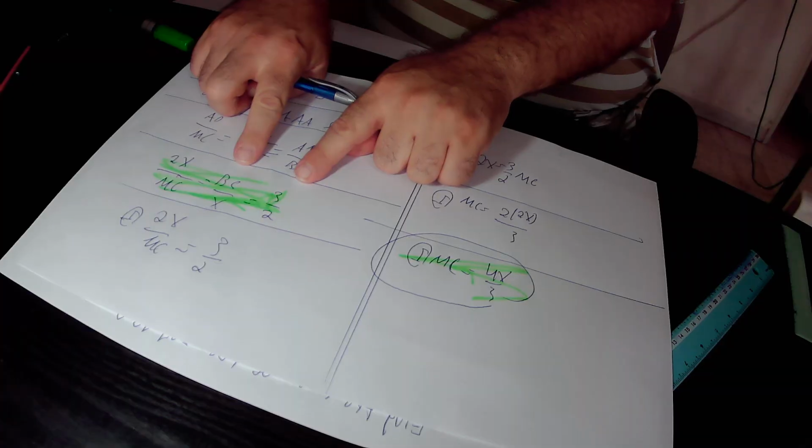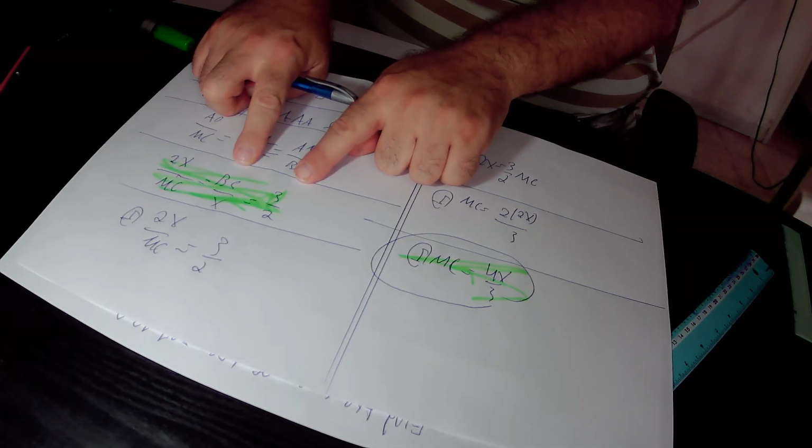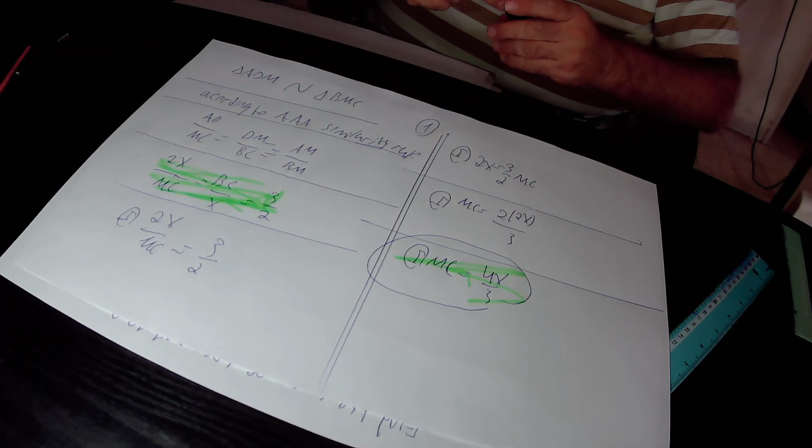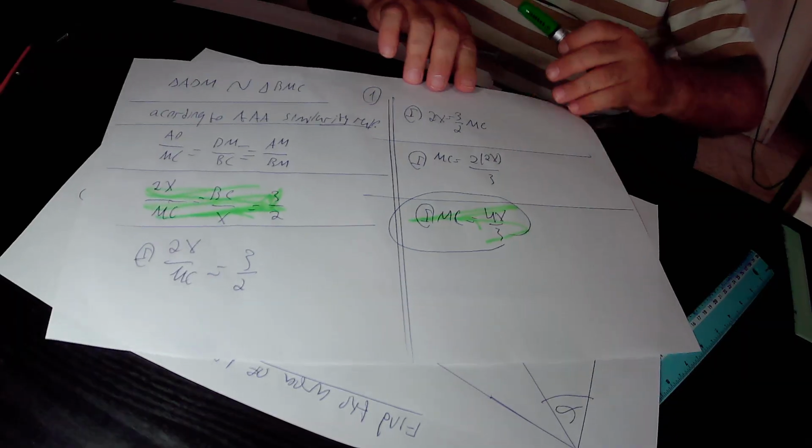Those two expressions are also equal to each other, therefore we get equation 2 from them. That is to say, according to equation 2, we get that BC over x equals 3/2. So I write it down.